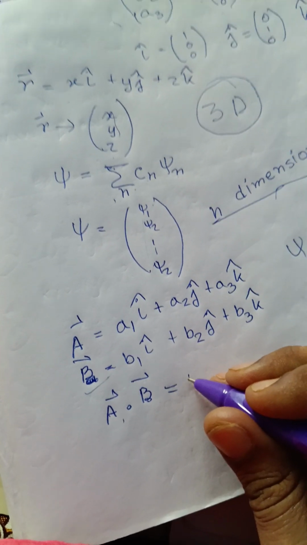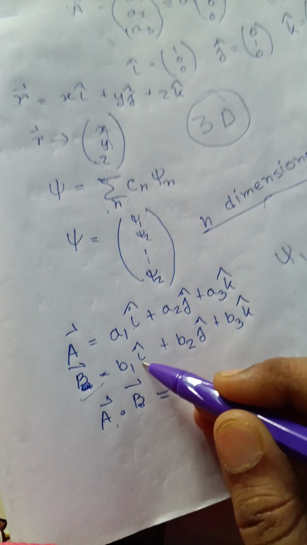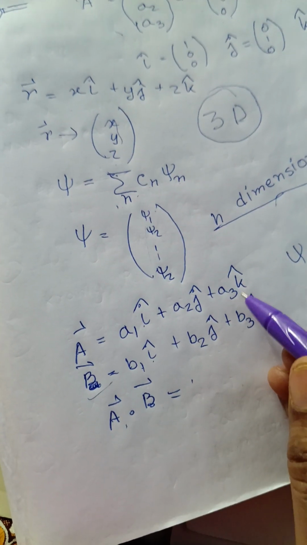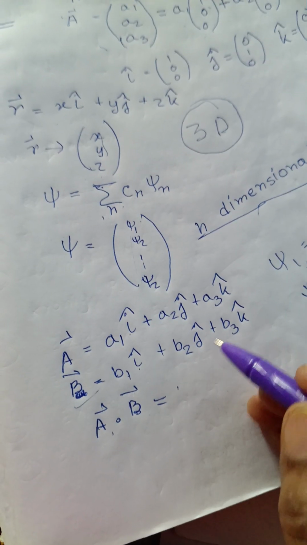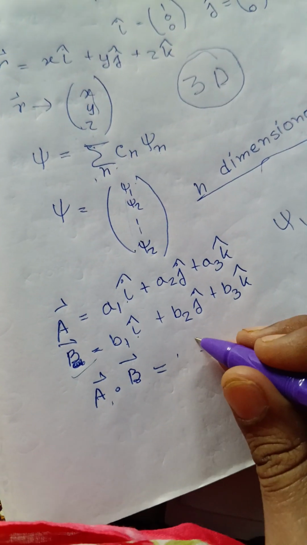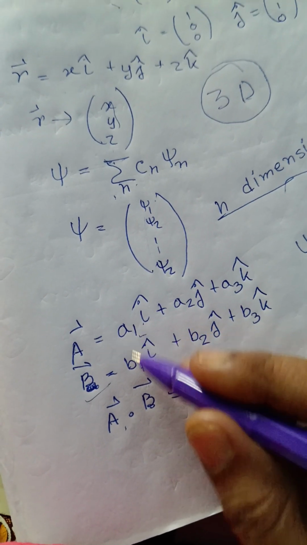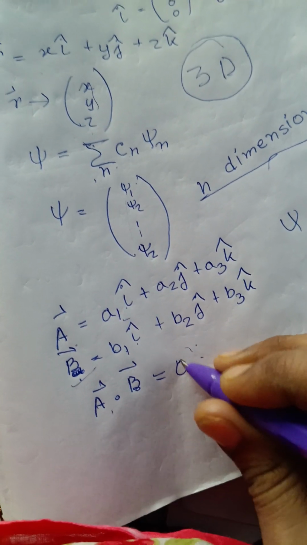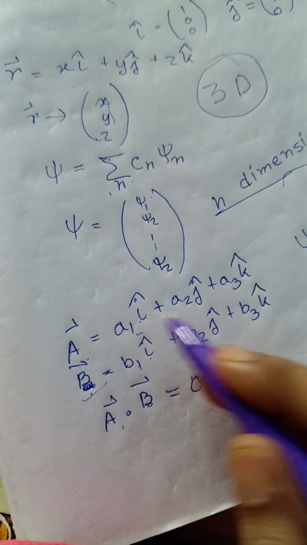It will not have any direction because i cap dot i cap is 1, j cap dot j cap is again 1 and k cap dot k cap is again 1. If two vectors have the same direction, their dot product will be simply the multiplication of their magnitudes. So here A vector dot B vector will be A1 B1. Now what about i cap dot j cap?